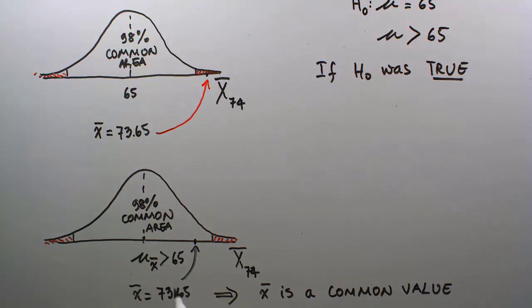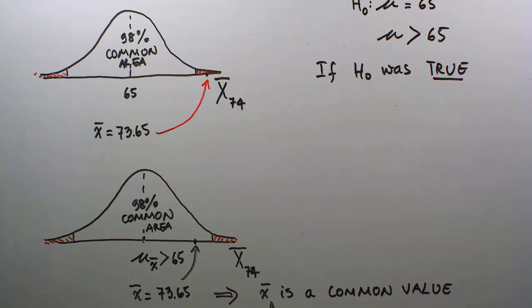Now in that way, compared with the claim, this sample mean is just regarded as a common value, and common means it's any of those values commonly seen fluctuating away from the center.